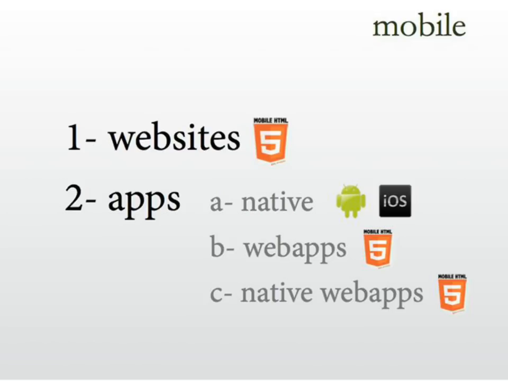We have web apps, and usually a web app is when you install a website on your home screen, and that website becomes a web app in full screen mode outside of the browser. And finally, we have native web apps. These are, for example, PhoneGap apps that you create using Apache Cordova, PhoneGap, or any other framework that basically uses the web view.